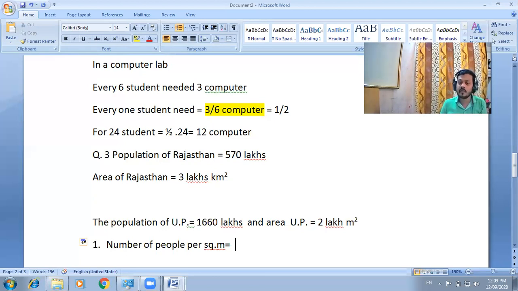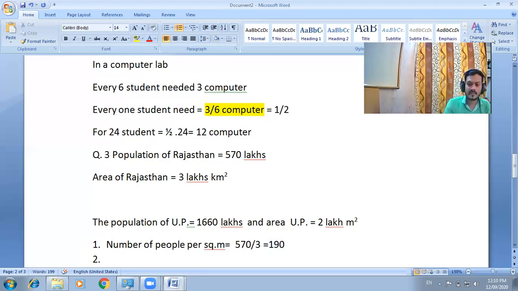By dividing means comparing same kinds of units by division method. So 570 divided by 3. Okay, 570 is the population, divided by the area of Rajasthan. So 3 ones are 3, 3 nines are 27, okay, 190 per square meter. Number of people per square meter. So 190 people are available in per meter square in Rajasthan.